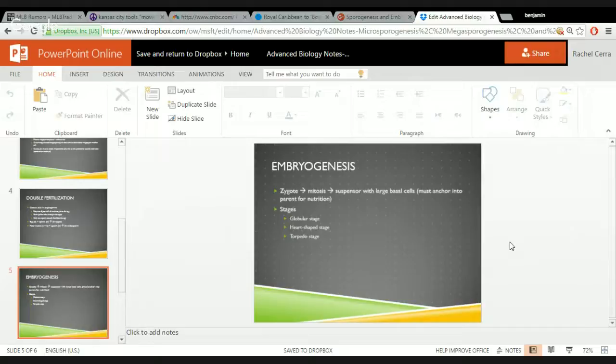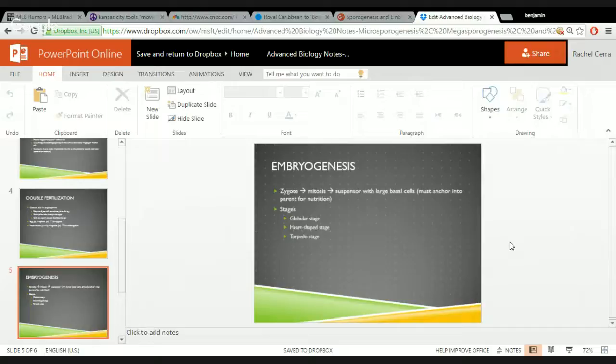So you have your large basal cell. And if you look at your drawings that I drew you, I know you're flipping back and forth, you can see that basal cell at the bottom, which is the fertilized zygote, or not quite an embryo yet. It's going to start going through mitosis to make the suspensor cells.